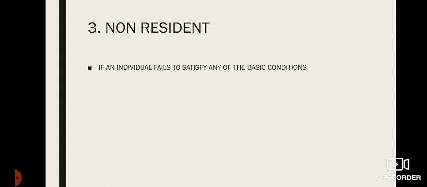Who is non-resident? The one who fails to satisfy the basic condition itself. Suppose the person has satisfied both the additional conditions, it is immaterial to us because the person has failed to satisfy the basic condition itself. Additional conditions are checked only if the basic conditions are satisfied. When a person fails to fulfill the basic condition itself, there is no need to check if the additional conditions are satisfied or not.